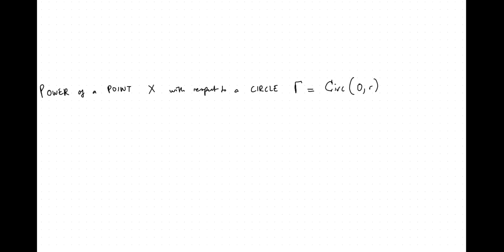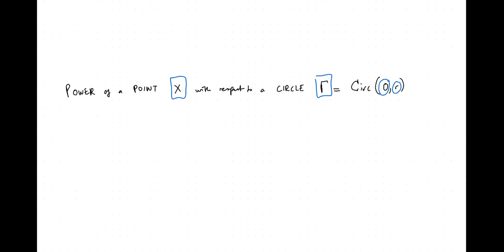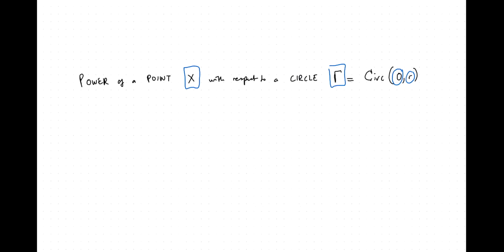So here, these are our objects. We have the point x, circle gamma, which are defined in terms of a point O and the value r. R is the radius, so we can think of it as a positive real value. But for algebraic purposes, even other numbers can make sense.